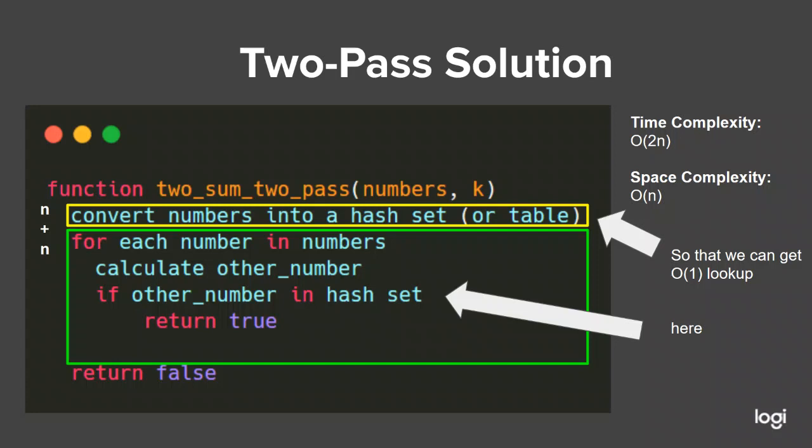So this is an n plus n, a 2n solution in time complexity, and then an O of n space complexity solution, because now we're creating a collection that grows with the size of our input numbers. Okay. Let this sink in for a second.